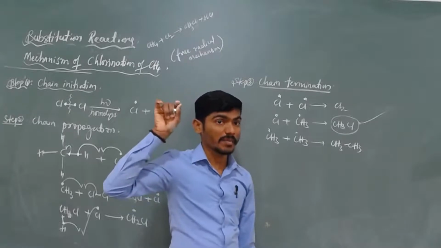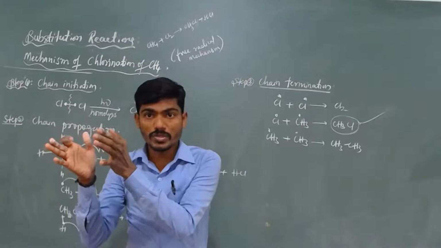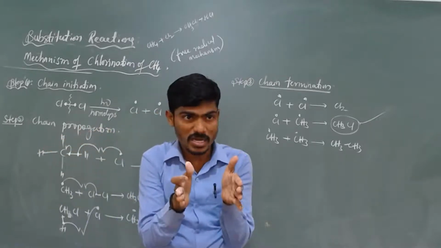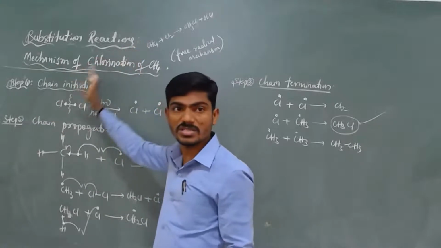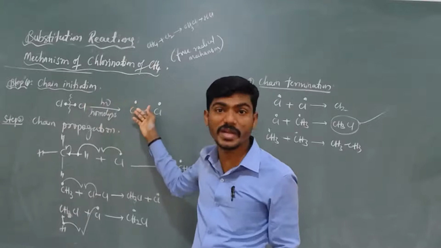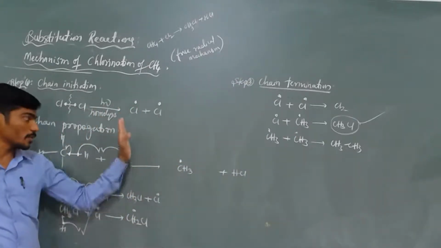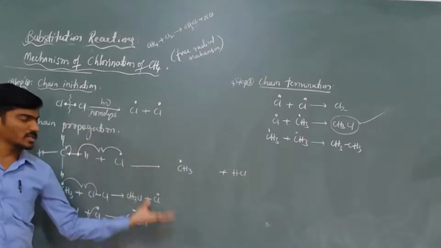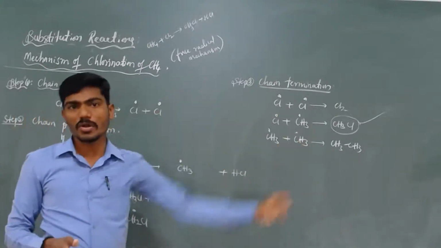In GOC, the basic mechanism part starts with reactants, which give rise to intermediates and then products and byproducts. So the reactants CH4 plus Cl2, the reaction was initiated. Radicals are the intermediates. These are all intermediates in the propagation step, which react together to give the product.